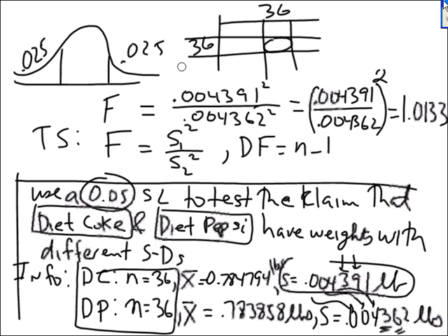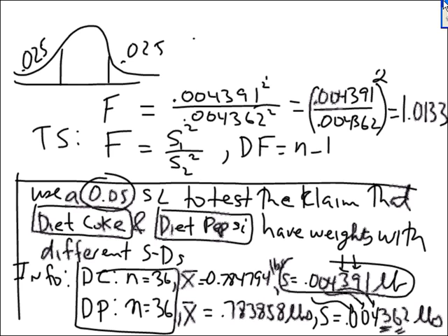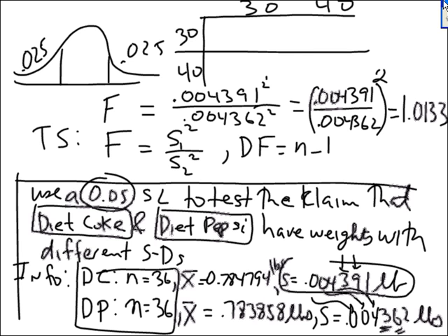On the left column, there's no 36. Okay. So, the two numbers I like to look at will be 30-30 and 40-40.